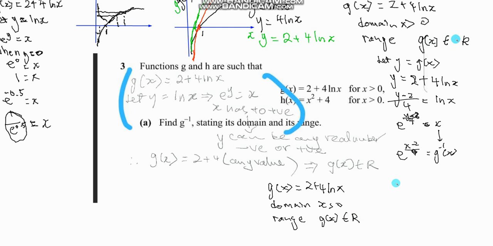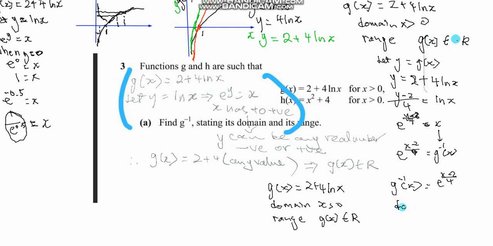Okay, now if you have proved that you can find an inverse function, which will work out to be e to the power (x minus 2) over 4, therefore there's a swap.